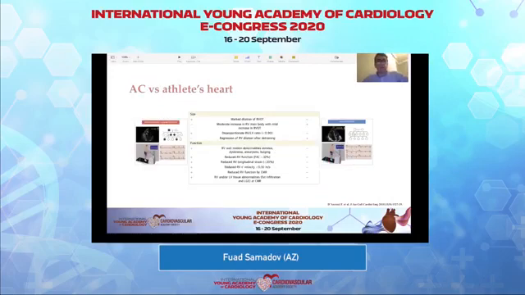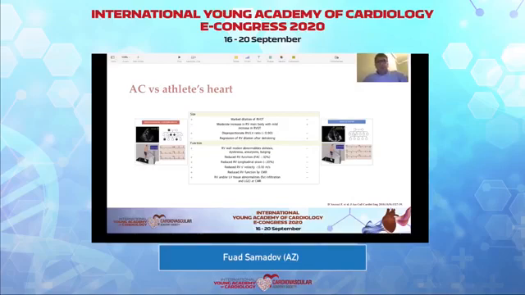And how can we differentiate arrhythmogenic cardiomyopathy versus athlete's heart? Of course, in athletes there is right ventricular dilatation too, but in athlete's heart, the RV is dilated in the RV main body, but in arrhythmogenic cardiomyopathy, there is a marked dilation of the RVOT, and the RV-LV ratio is less than 0.9 in arrhythmogenic cardiomyopathy, but in athletes it is greater than 0.9.